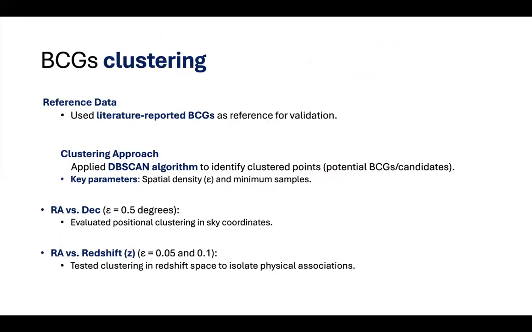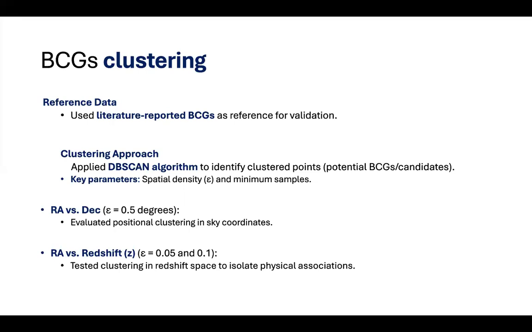So we are going to understand how the clustering behaves in this BCG sample, using the BCGs that have been reported in the literature as a beginning. We applied this DBSCAN algorithm to identify cluster points, in this case potential BCG candidates.